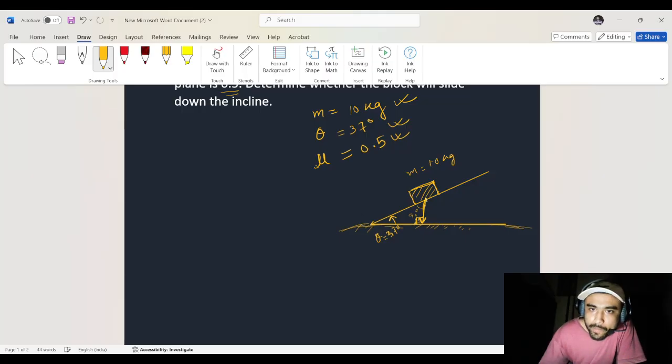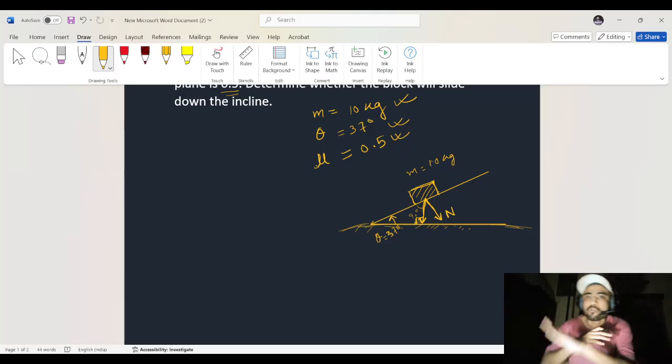Now, a component of the weight will be acting perpendicular to the inclined plane, and this is basically the normal force. What is normal force? Suppose a block is placed on my hand. The normal force will act exactly perpendicular to my hand, to the surface on which the block is placed.